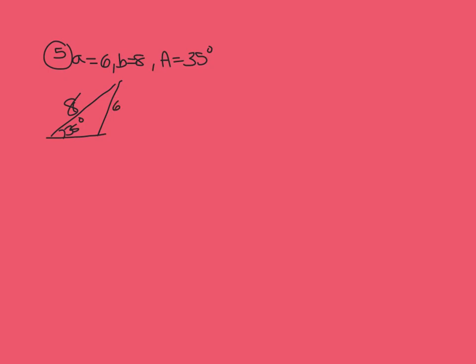The second thing that you can have, this is not completely to scale, is a triangle that looks like this. Either of these would be a valid triangle for this particular situation, and depending on how you solve it, you might get a different answer.